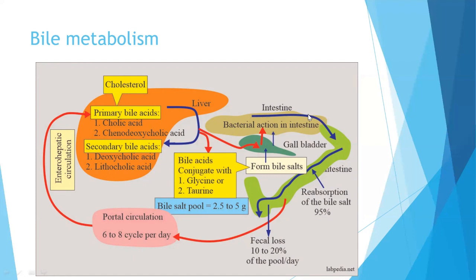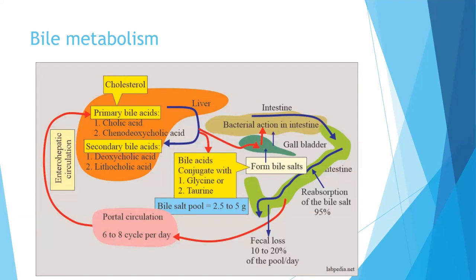With bacterial action in the intestine, it gets broken down, and then it is reabsorbed into the liver and back to the intestines, with some fecal loss, 10 to 20% of the pool per day. The portal circulation happens 6 to 8 cycles per day, and this enterohepatic circulation means the circulation of the bile between the liver and the intestine, which is happening just like in this pathway.